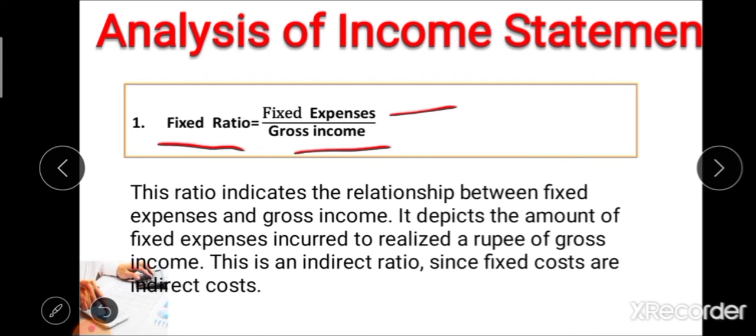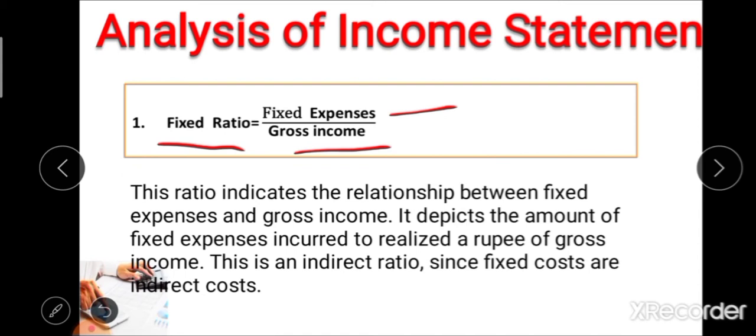It explains the relationship between fixed expenses and gross income, and it depicts the amount of fixed expenses incurred to realize a rupee of gross income. That means if we get 1 rupee of gross income, how much fixed expense is incurred can be calculated by using this fixed ratio.